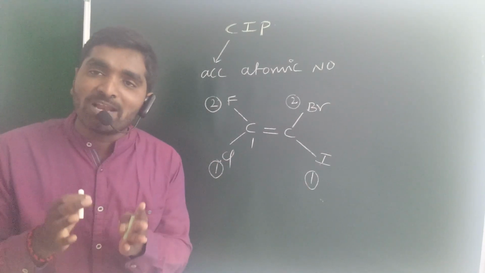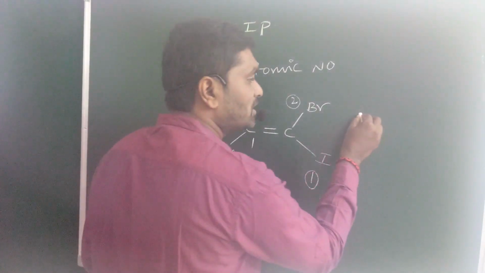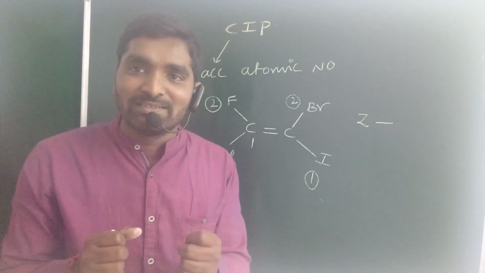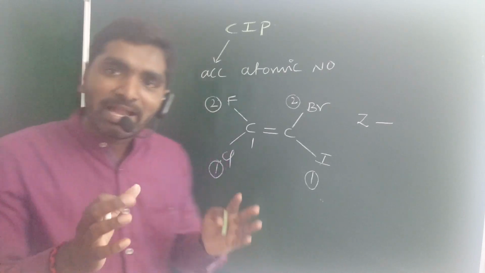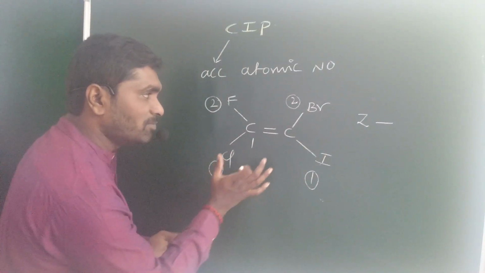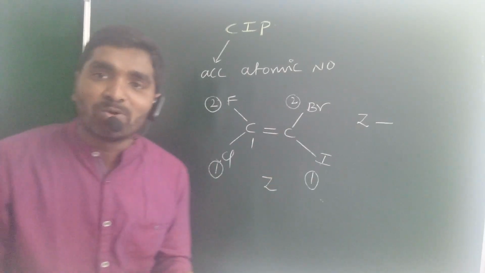If the atoms are present on the same side, according to the EZ nomenclature, Z means Zusammen, together, same side. E means Entgegen, opposite. According to the CIP rules, the two priority atoms are present on the same side. That means this isomer is nothing but the Z isomer.